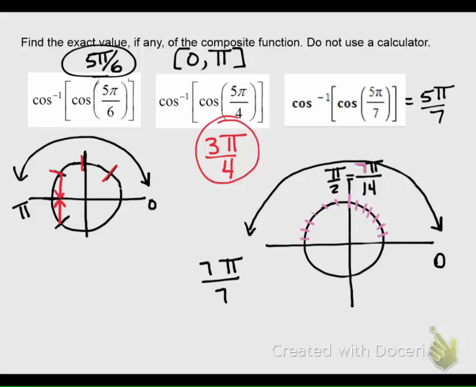Actually, you need to turn this into a denominator of 14 also. And then you know you need 10 of the pi over 14 tick marks. And you could count them out. 1, 2, 3, 4, 5, 6, 7, 8, 9, 10. And you would know you're definitely in the correct interval.